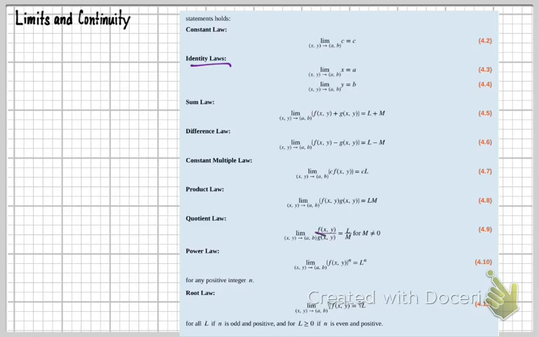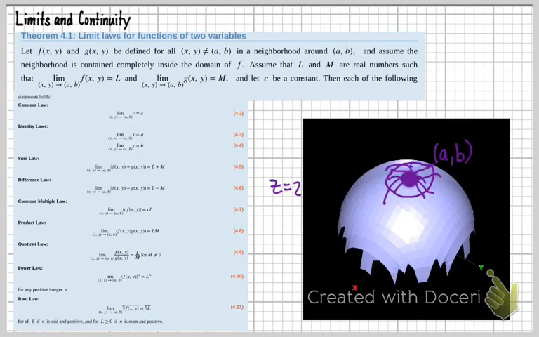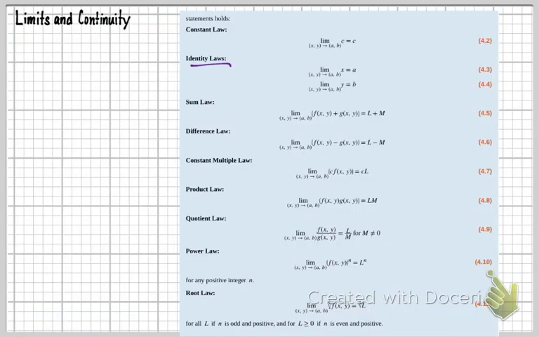The quotient law, I can divide. Now, again, keep in mind the conditions here, because each one stands on its own, the limits have to exist, and they have to go to some finite number, some finite z value.